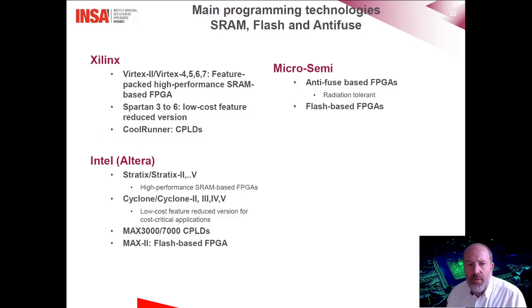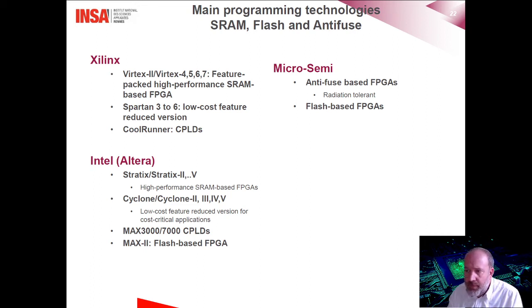Okay, now the slide shows the main families of FPGA devices and the different vendors. The first one is the Xilinx family. One of the most famous families of FPGAs is the Virtex. These are high-performance SRAM-based FPGAs dedicated to complex applications requiring a lot of computing power and resources.